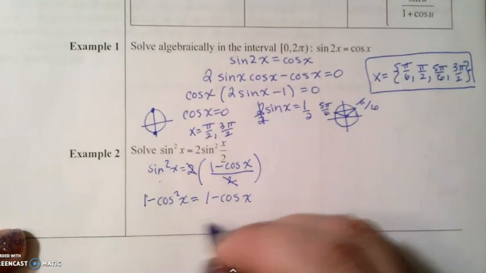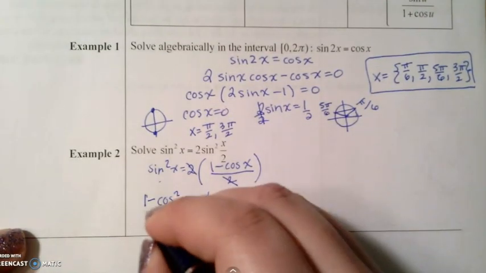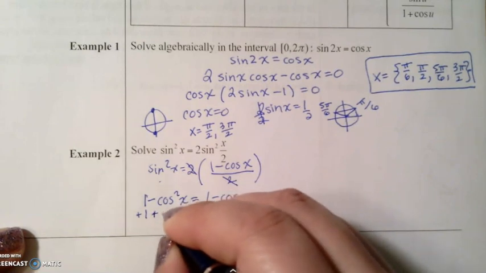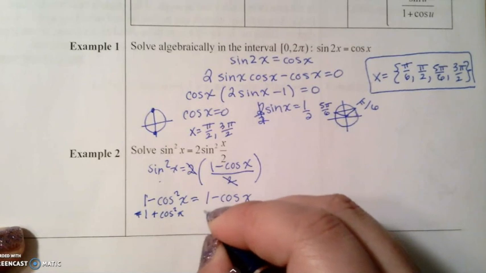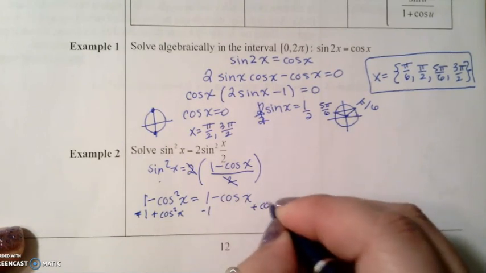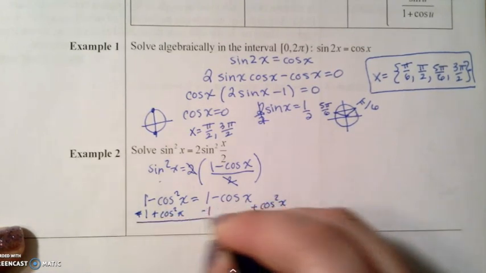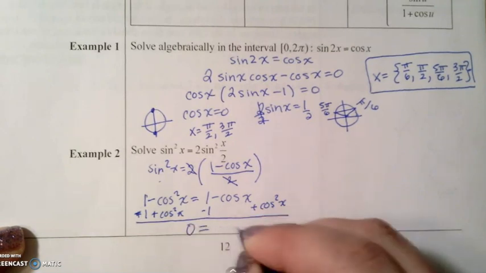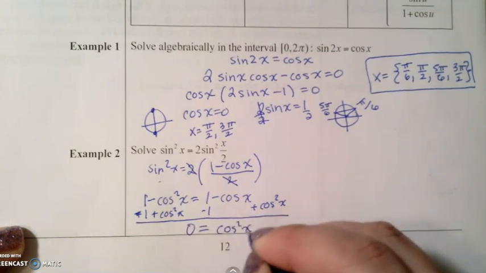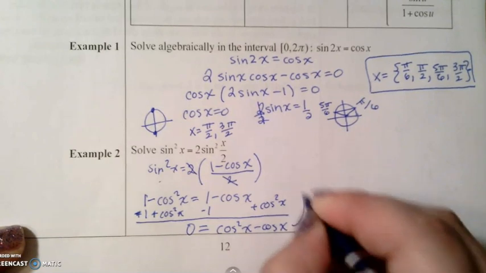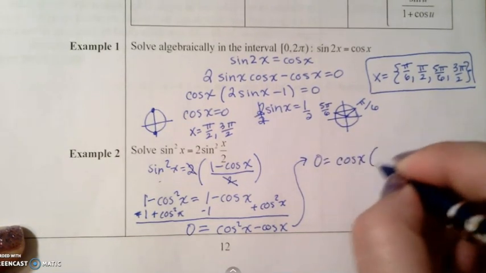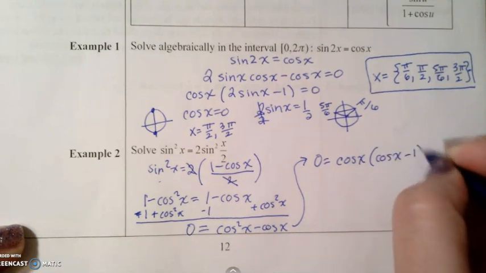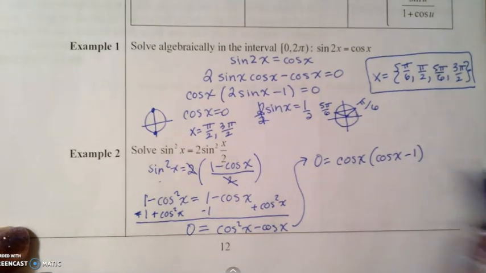And then I want to get all of my x's to one side, so I'll do plus cosine squared x, minus 1 plus cosine of x. 0 equals cosine squared x minus cosine of x, which I can then factor. I can use the zero product property.